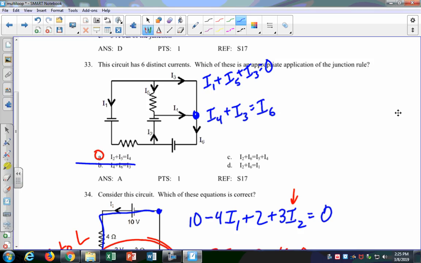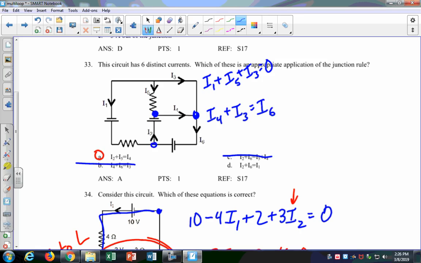I2, 5, and 6 equals I5 and 4. Okay, I don't have any junctions where 4 wires are coming together, so C can't be right. There's no point where 2, 6, 5, and 4 are all together. There's a point here where 2, 5, and 4 are together, but 6 isn't at that junction. So that one's not right. And I2 plus I6 equals I1.